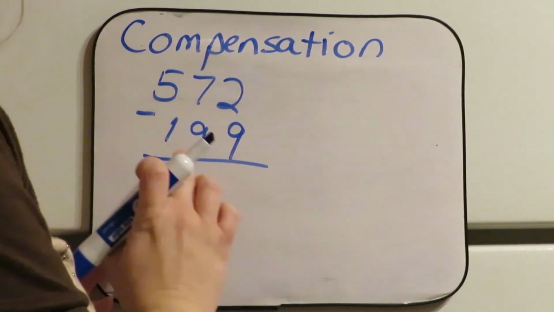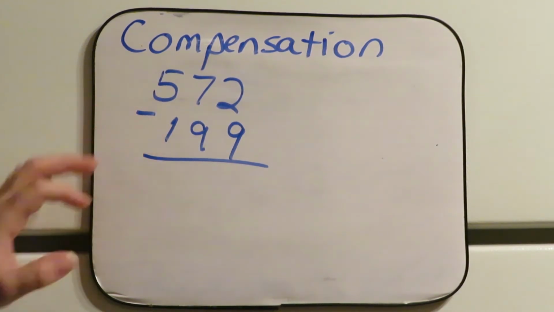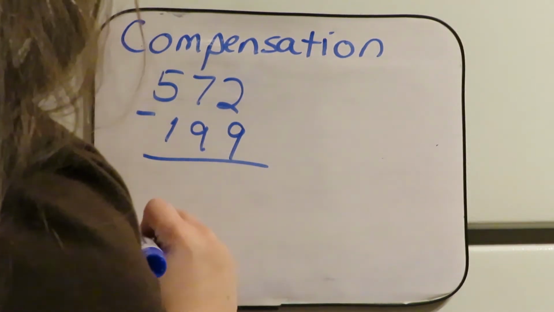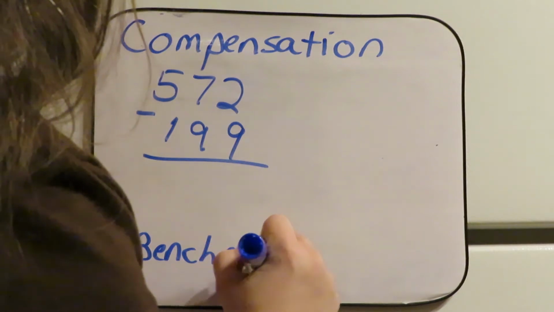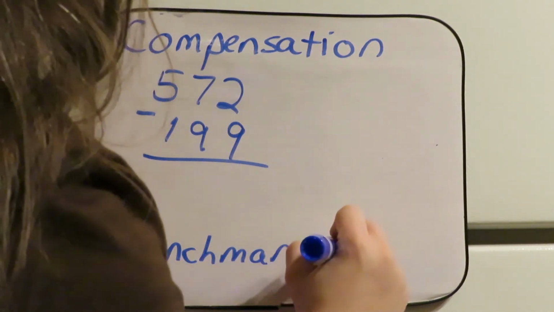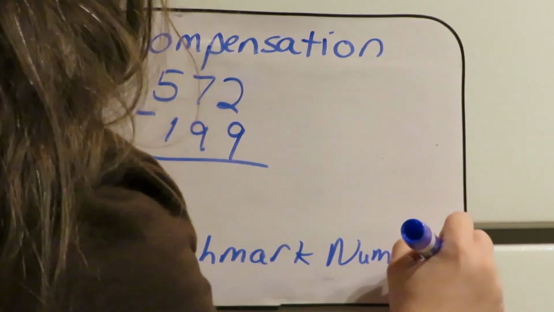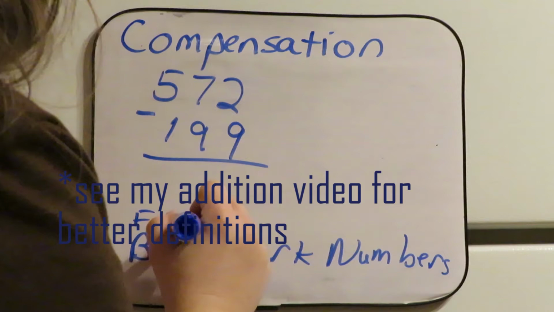For example, 200 is very close to 199. We call numbers like 200 benchmark numbers or friendly numbers.